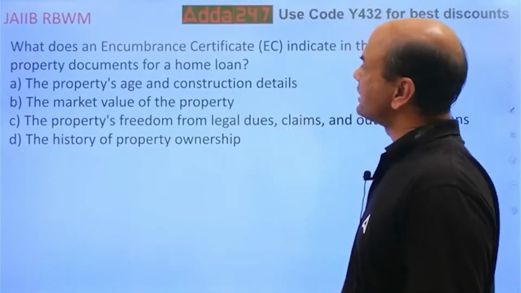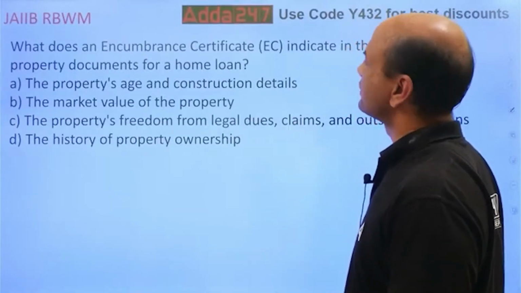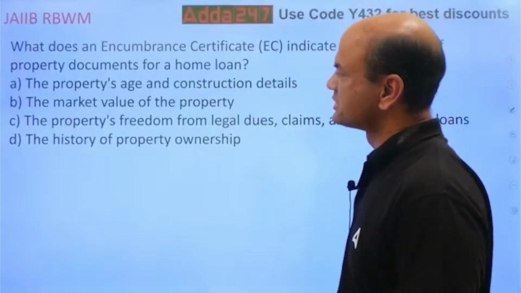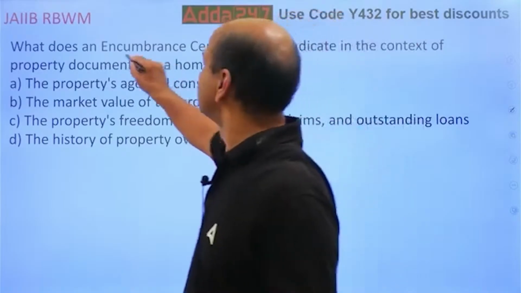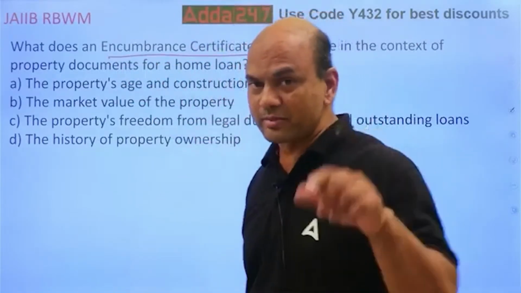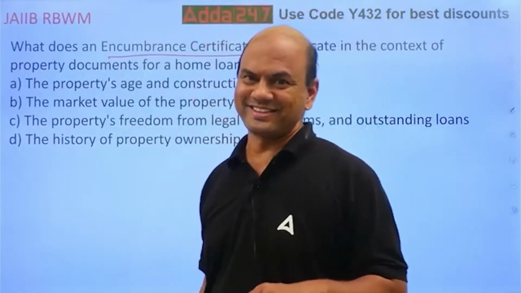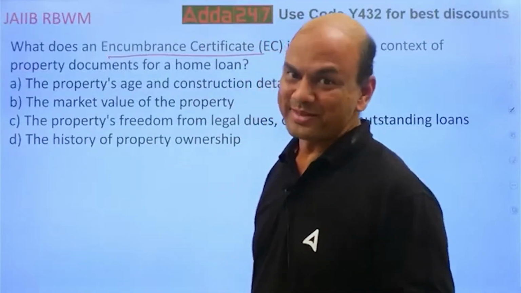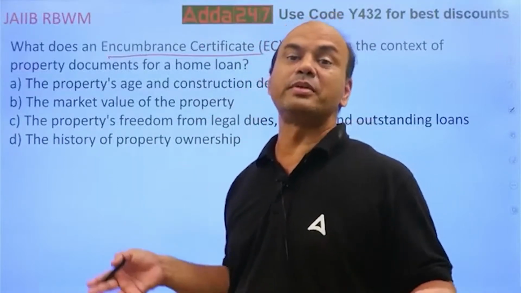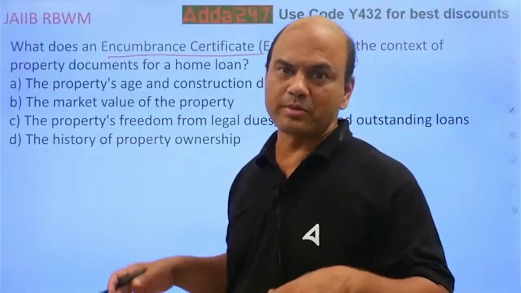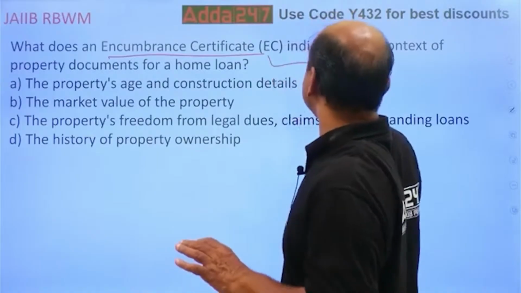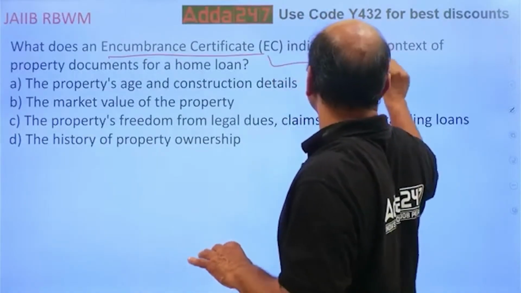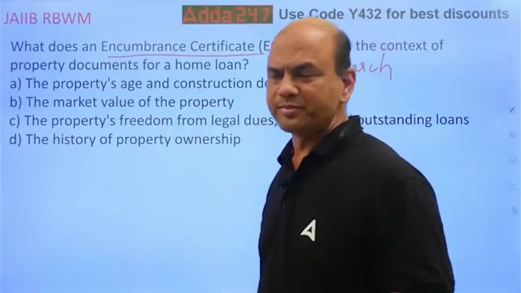What does encumbrance certificate, EC, indicate in context of property documents for home loans? The other name for encumbrance certificate is search report. Encumbrance means if somebody is claiming on that property. We call it search and title report, as I just told you.